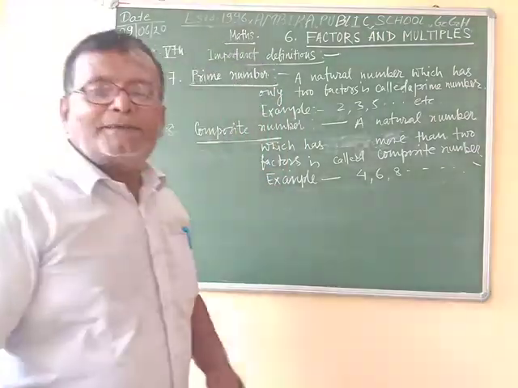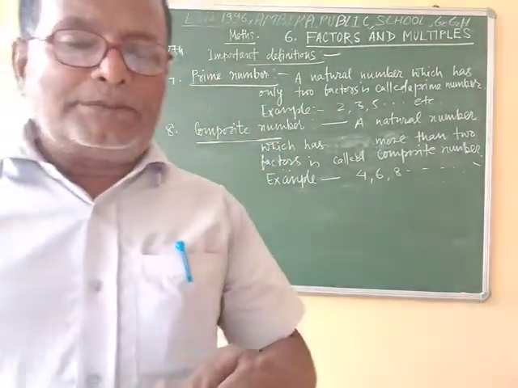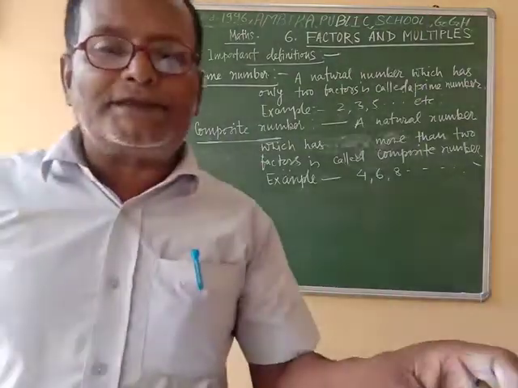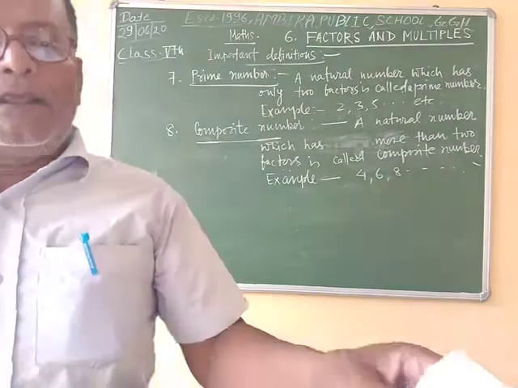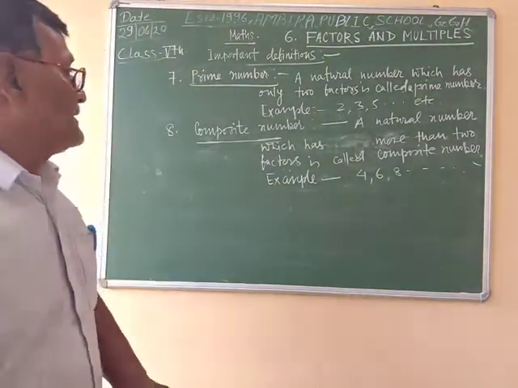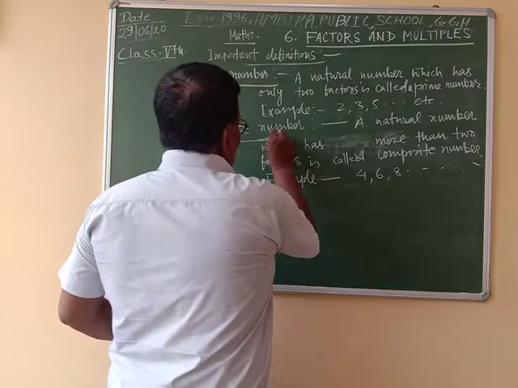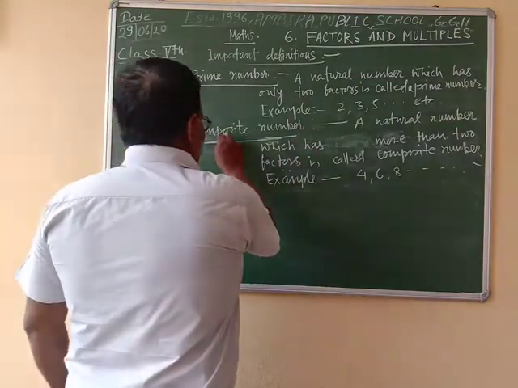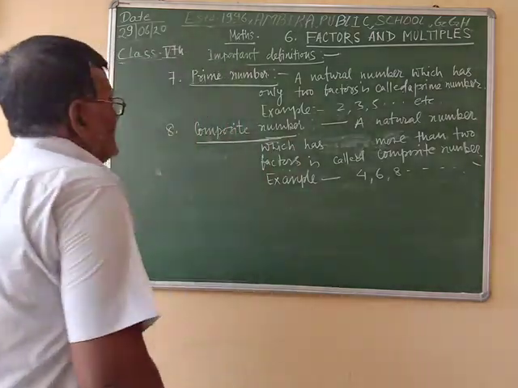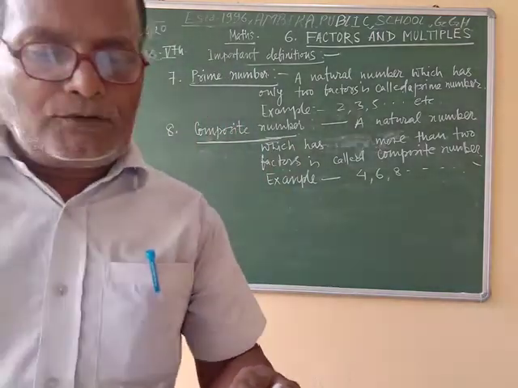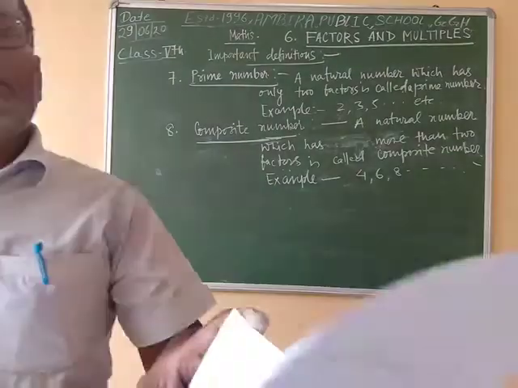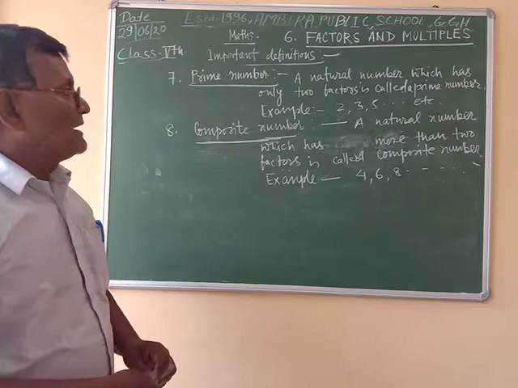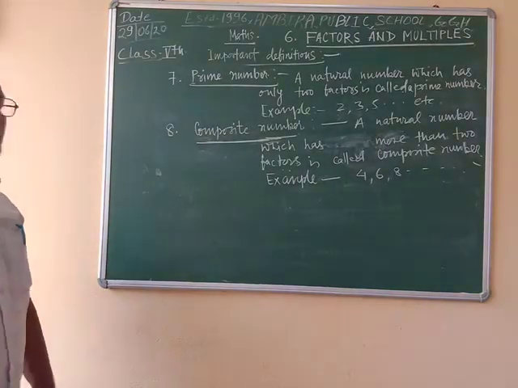So in this period, I have written some important definitions of this chapter, and you will write these definitions in your mathematics notebook and learn them by heart. After that, you will try to solve some examples of this exercise, and in the next class I will solve your problems.